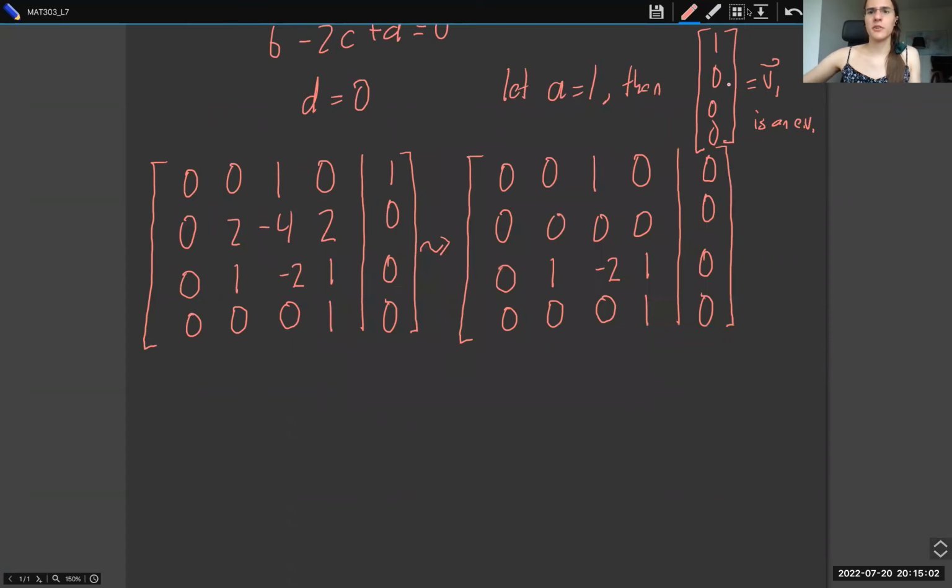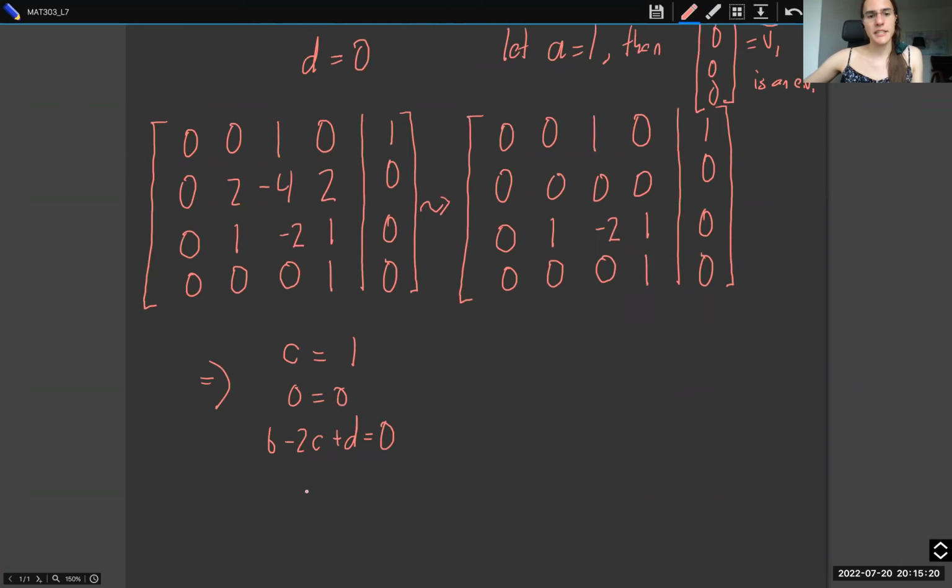So this row becomes 0 except for the fact that I have a 1 here now. And so what that tells me is that C is equal to 1, 0 is equal to 0, B minus 2C plus D is equal to 0, and that D is equal to 0.